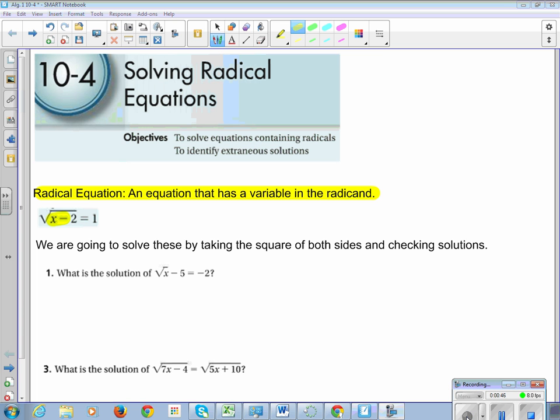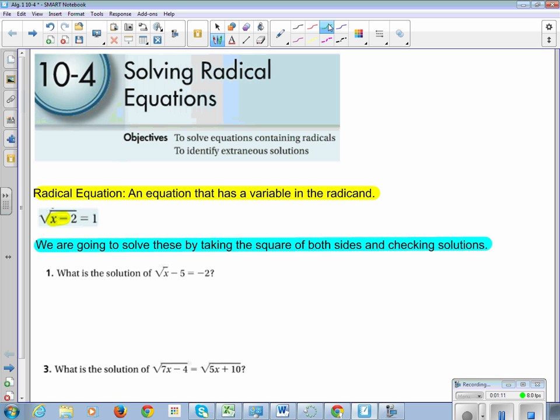So our operating procedure is we're going to solve by squaring both sides and checking solutions. In the middle of that, there's isolating x, but I'll show you how that works here. So if we look at our sample equation, we have square root of x minus 5 equals negative 2.